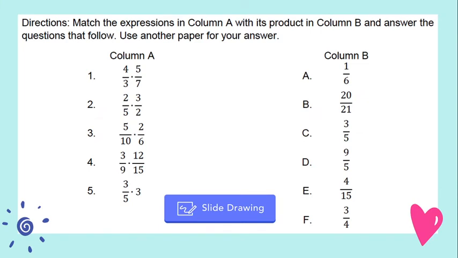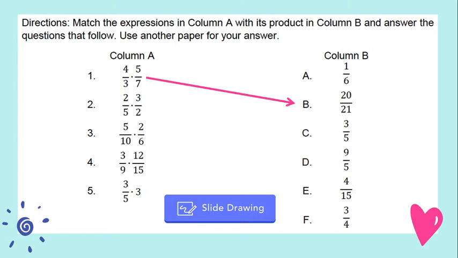Before we proceed in the discussion, let's have a short review. Match the expressions in column A with its product in column B. For number 1, we have 4 over 3 times 5 over 7. If your answer is B, 20 over 21, very good, you are correct.